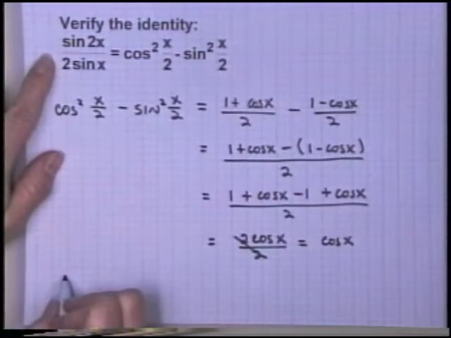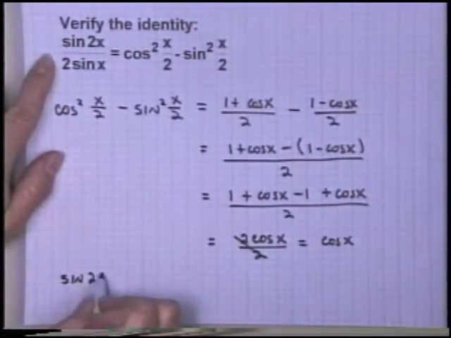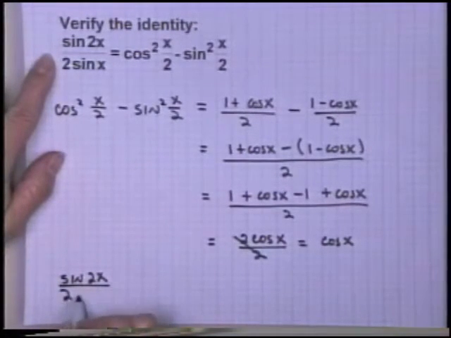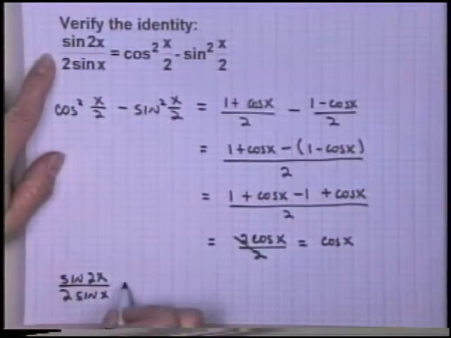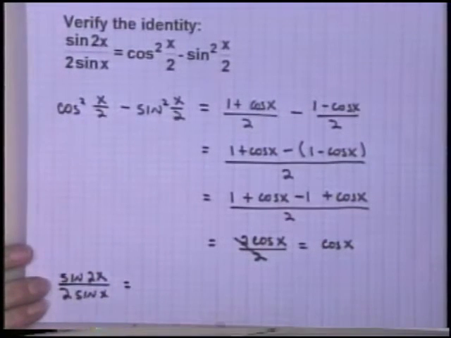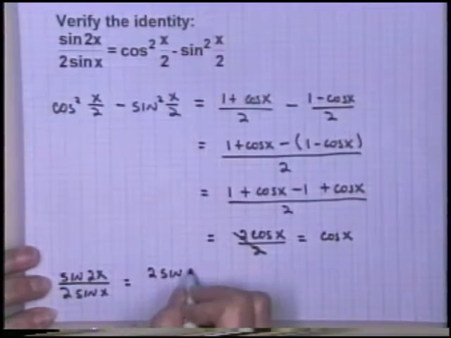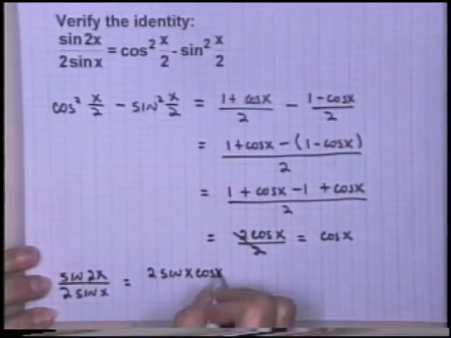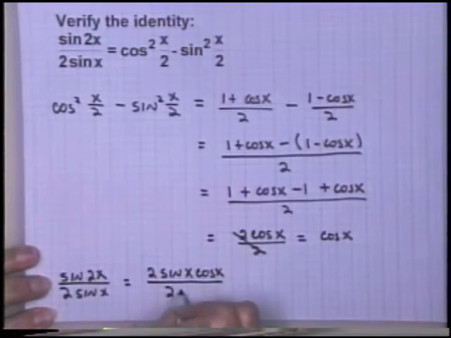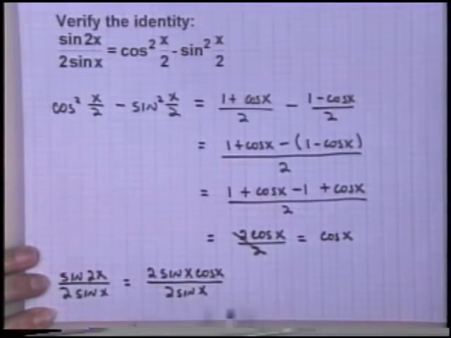But that's real simple. So I think what I'm going to do next is take this other side, sine 2x over 2 sine x, and work with it a while. So do you recall your double angle identity for sine 2x? Sine 2x would be 2 sine x cosine x. That's over 2 sine x.